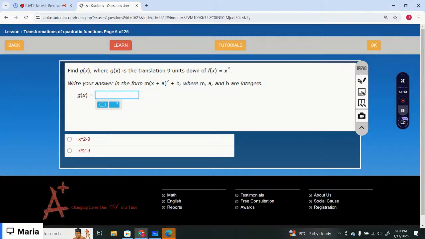F of x equals x squared. That is x squared minus 9. Option number 1 is the correct option.